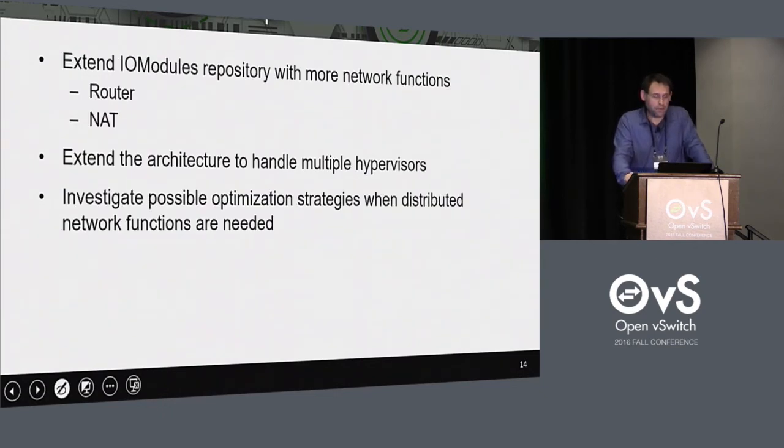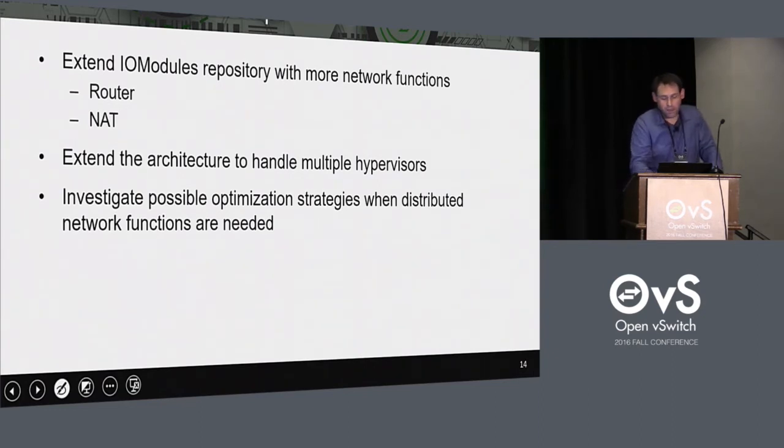So the next step in this project, for sure, is to extend I/O modules in order to support more network functions. Just for starting, router and NAT, which are not supported, so just layer 2 right now. Of course, extend the architecture to handle multiple hypervisors. We already started a little bit, but the prototype has to progress in order to support multiple hypervisors.